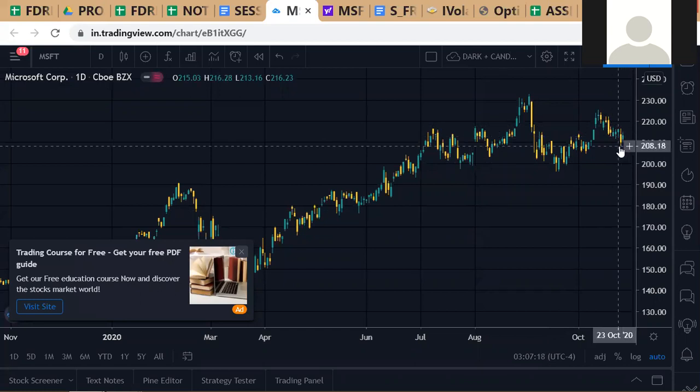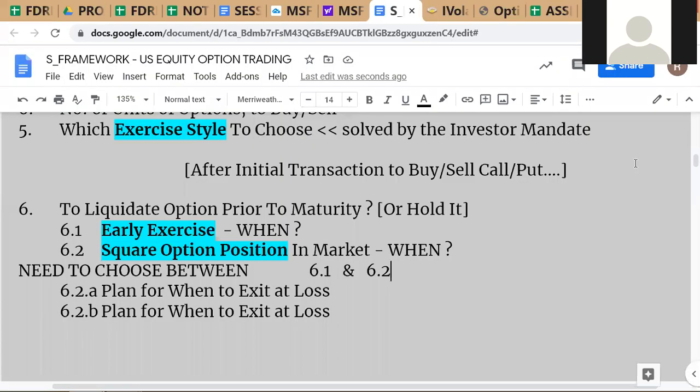And then you have to take a decision. Should I do early exercise and buy the underlying asset? Or should I sell off my call option in the option market? As I said, in general, you always choose 6.2, but that does not mean that you never choose 6.1.